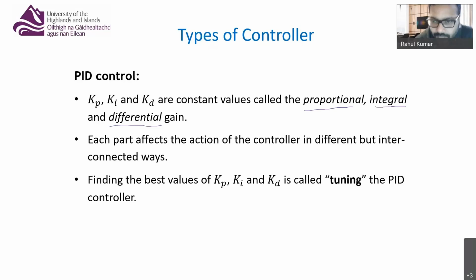Designing or implementing a PID is not that difficult, but tuning these values, or finding the appropriate values of these constants Kp, Ki, and Kd, is a bit tricky, right?